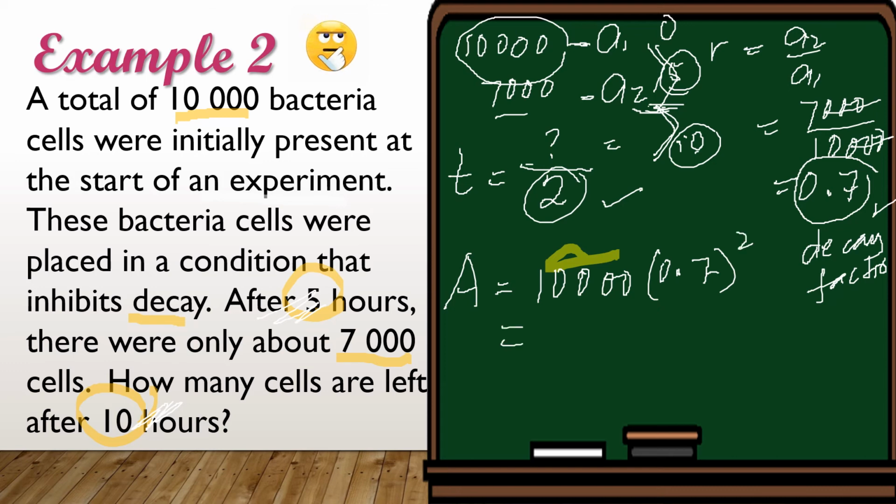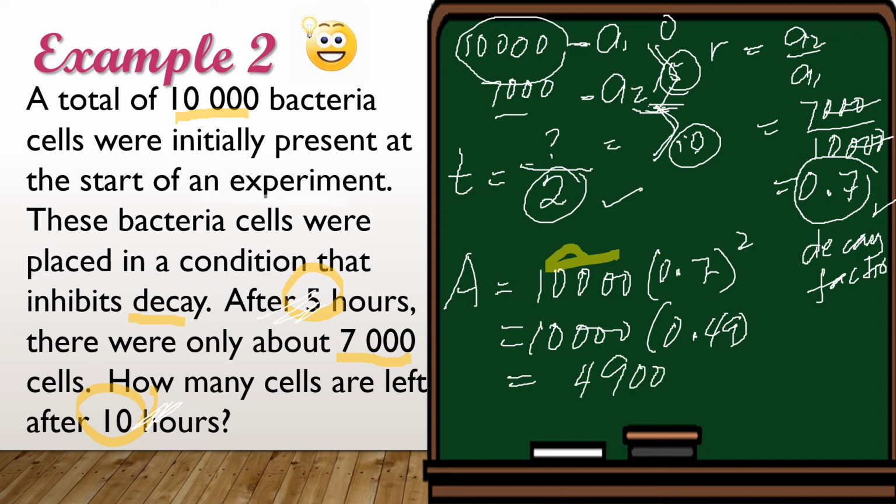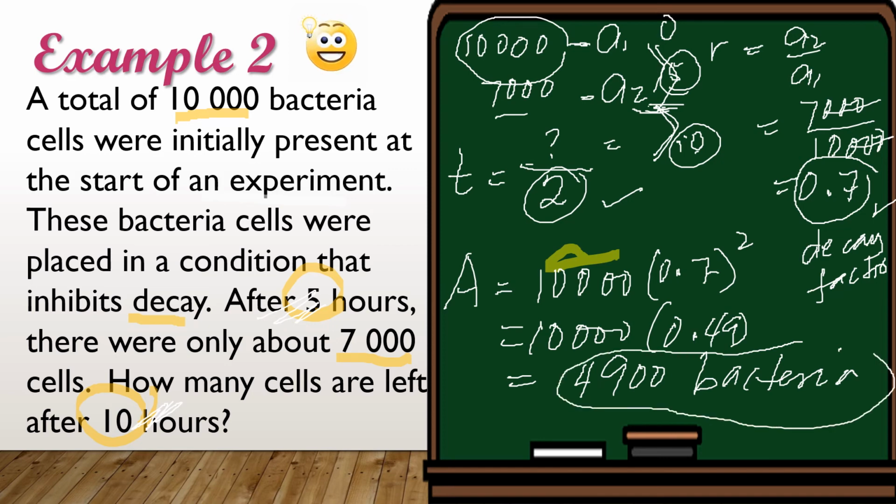So let's solve this. 0.7 squared is 0.49, and then multiply by 10,000. Simply move the point here 4 places and that will be 4,900. 4,900 bacteria cells after 10 hours. So this is the final answer.